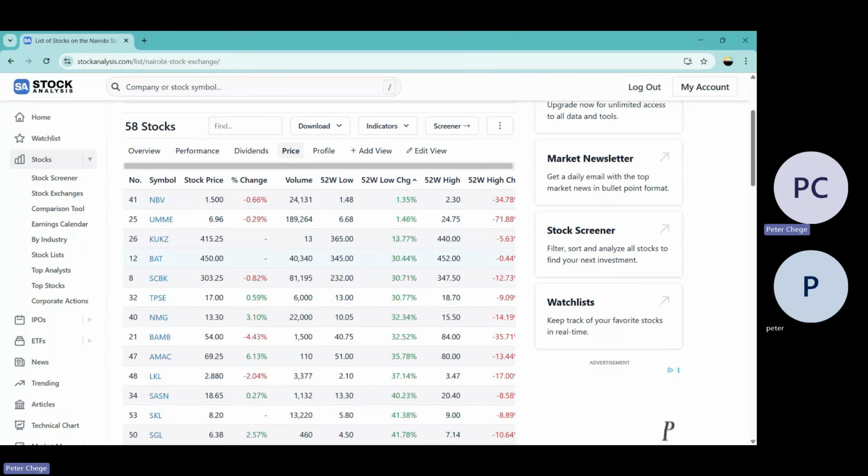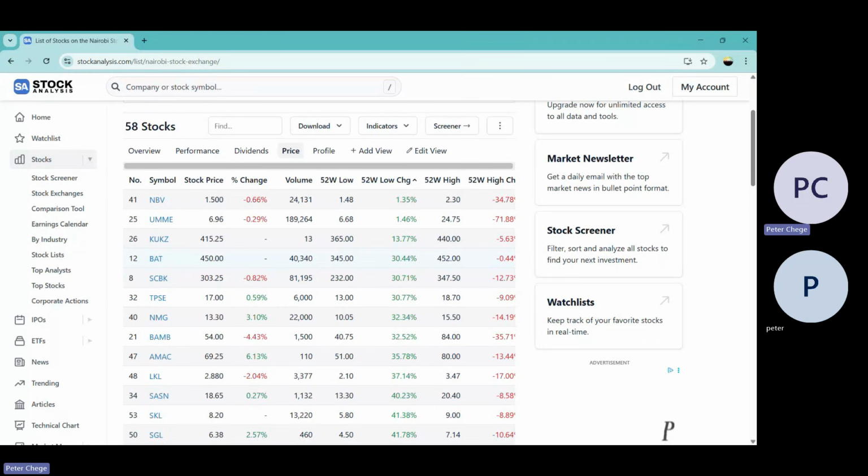But again, you also need to consider which stock it is. Like Umeme, it's not a stock you'd want to get into. The price has gone way low. Maybe Kakuzi, but you see its price is also a bit high. The spread between the lowest and the highest and the current price is minimal.